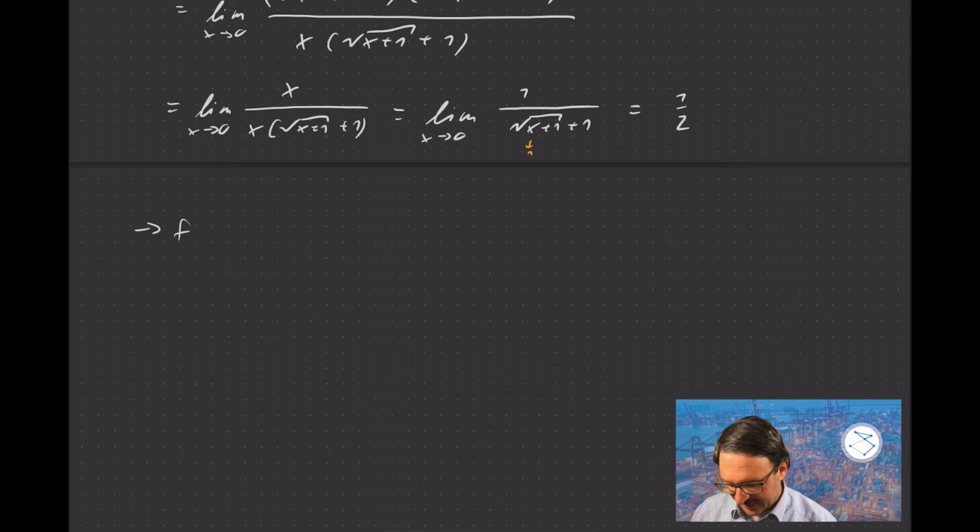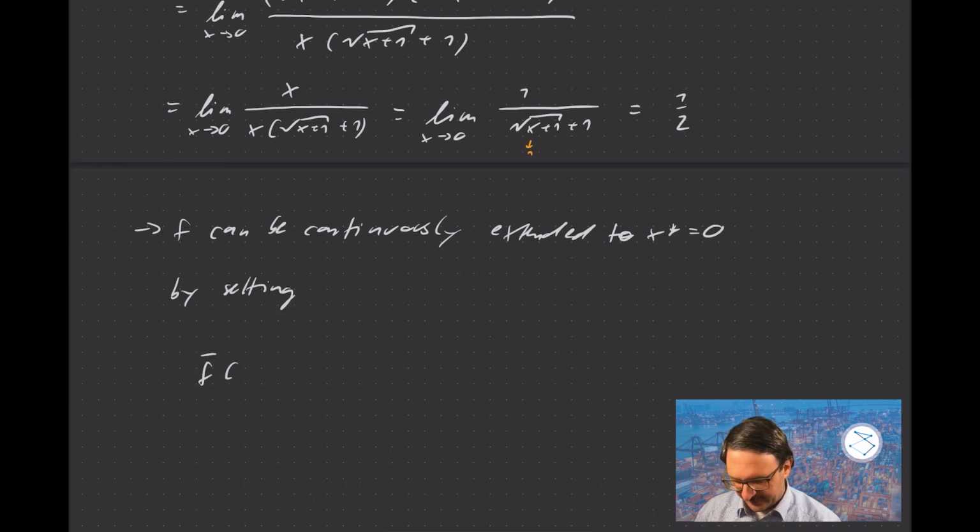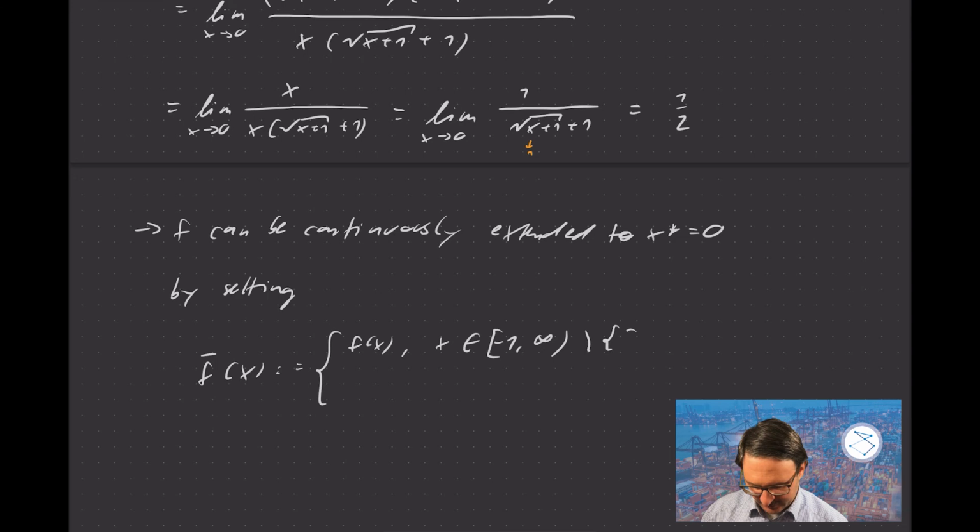So what that means is that f can be continuously extended to x star equals 0 by setting f bar of x, the extension, to f of x for x in -1 to infinity with the exception of 0, and 1 over 2 for x equals 0. And then we have extended f appropriately.